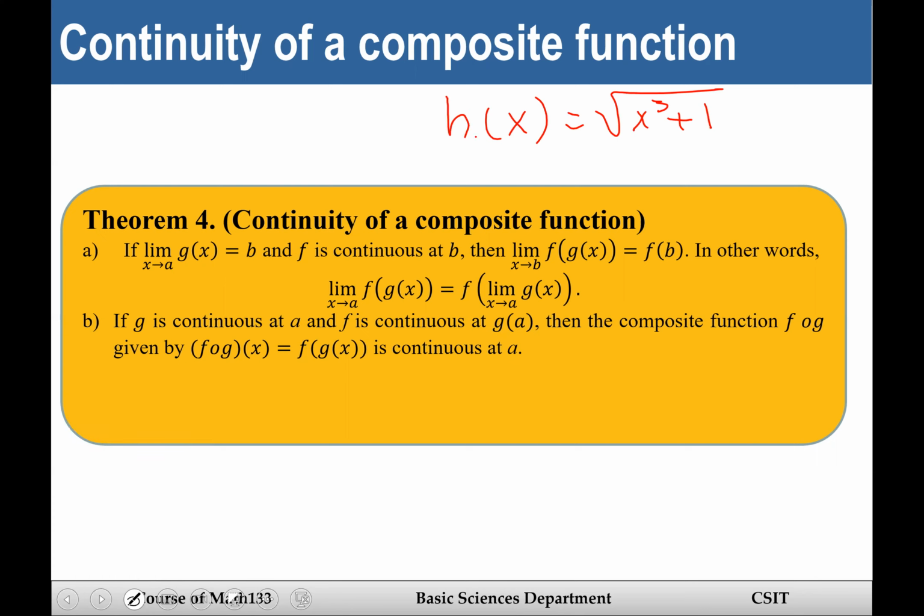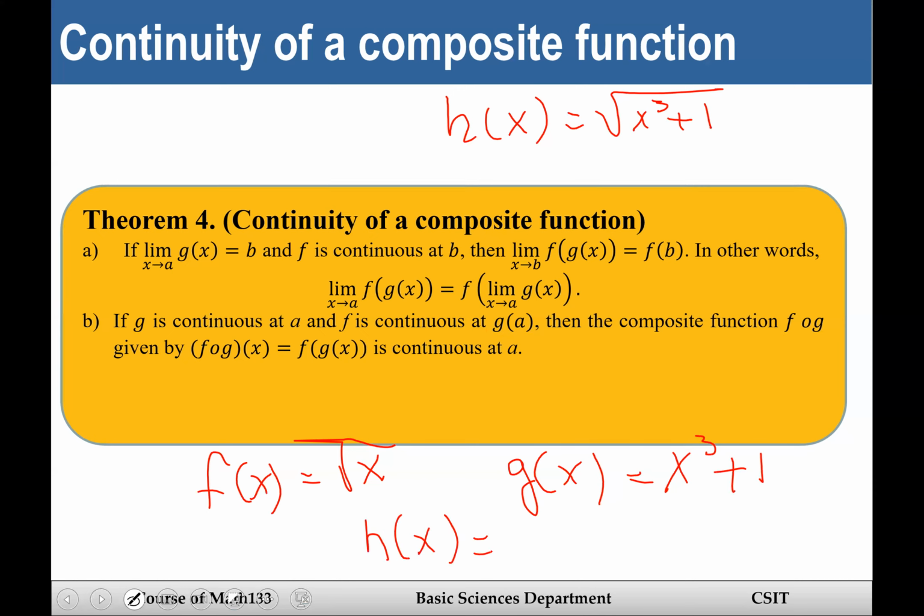So h of x is equal to that. Then I will choose f of x equal to root x, and g of x equal to x cubed plus 1, so that h of x is equal to f composite with g of x. Okay, so this is the composition.